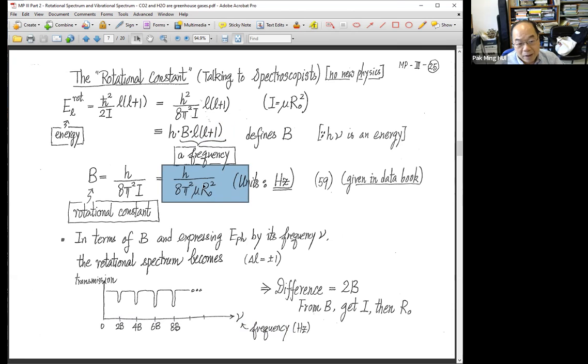Same thing. The only point here is, don't be scared off when you talk to chemists or spectroscopists. They say, I give you the rotational constant. Don't worry, it's just the same thing as we discussed, okay? Next page is even worse.